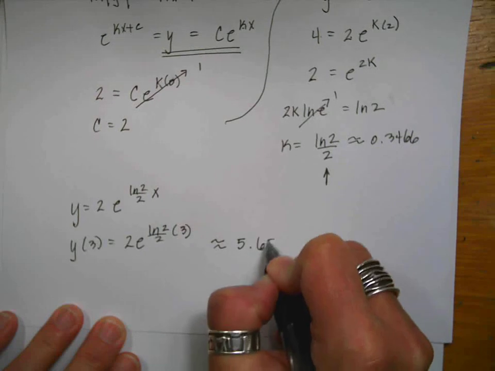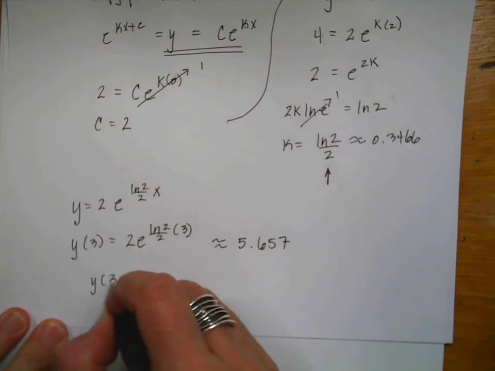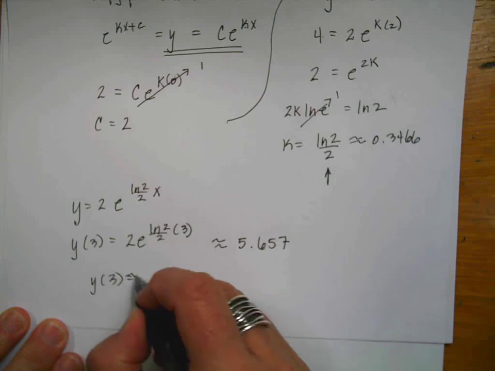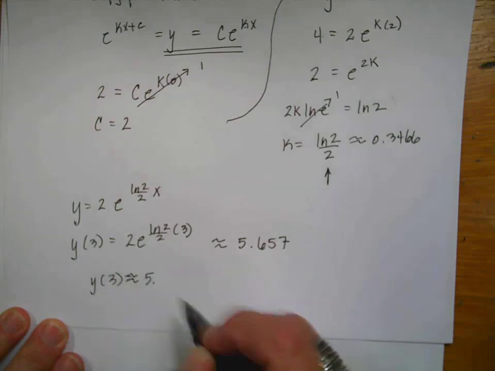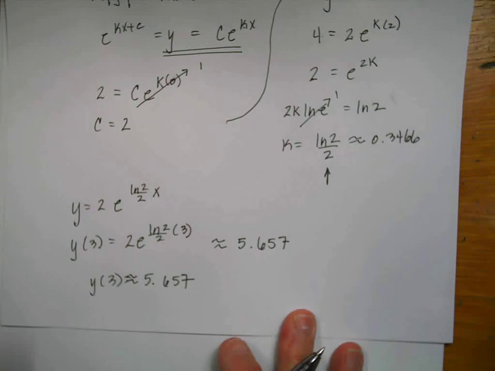And when I do that math, I get approximately 5.657. Okay? And then I think we can just stop there, and then I would write to report my solutions approximately, because I rounded, 5.657. So that was actually kind of cool, because we developed, using calculus, the formula that we're talking about for exponential growth and decay.